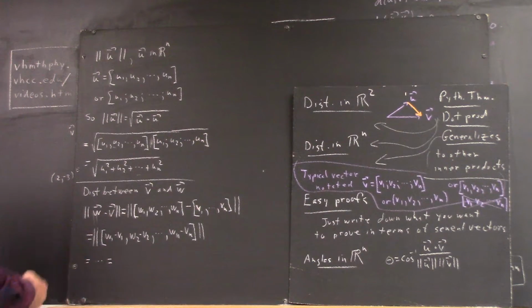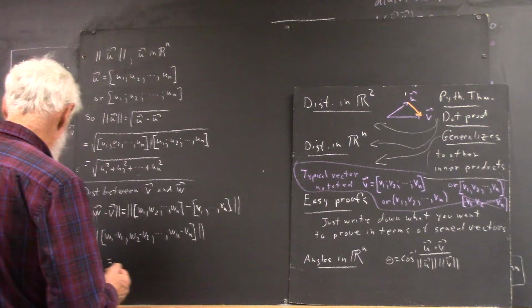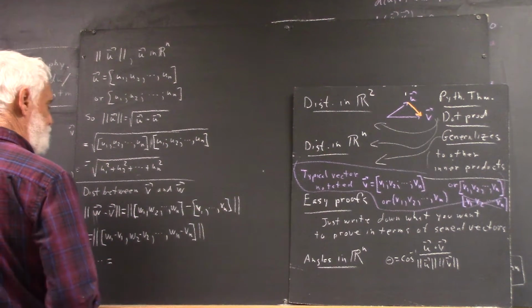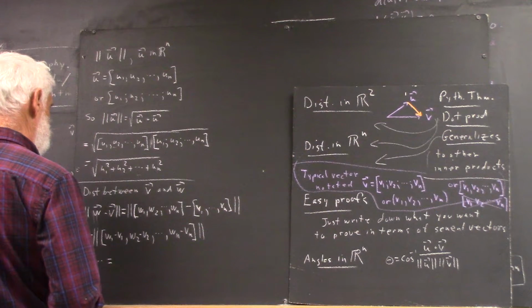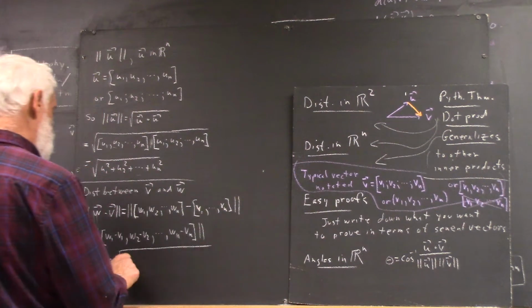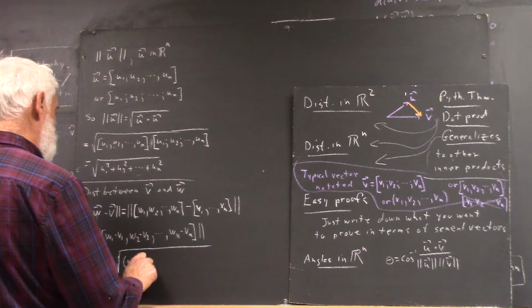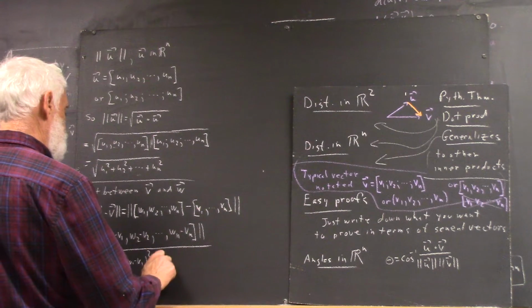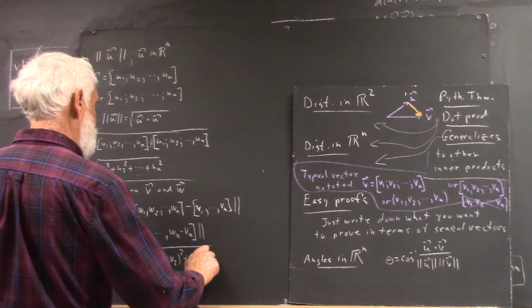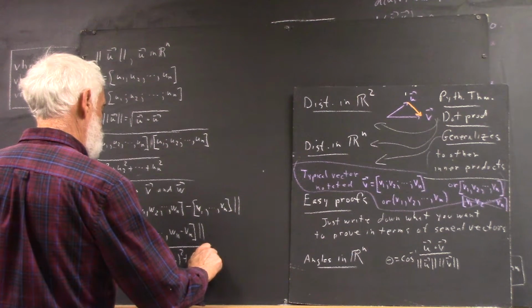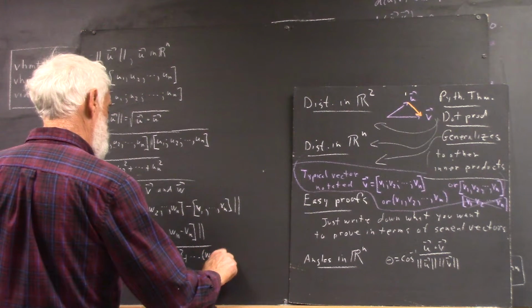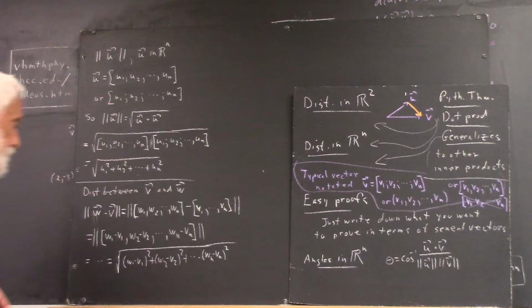And when you do that, if you're used to the dot product, it's going to be pretty obvious that this is going to end up as the square root of W1 minus V1 squared plus W2 minus V2 squared plus up to Wn minus Vn squared. Okay.